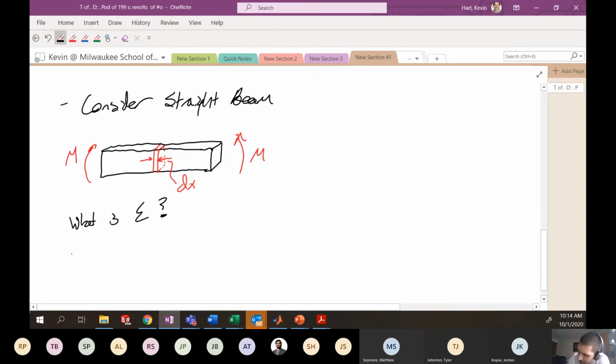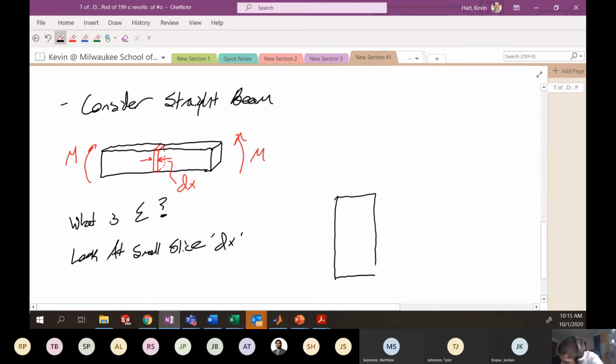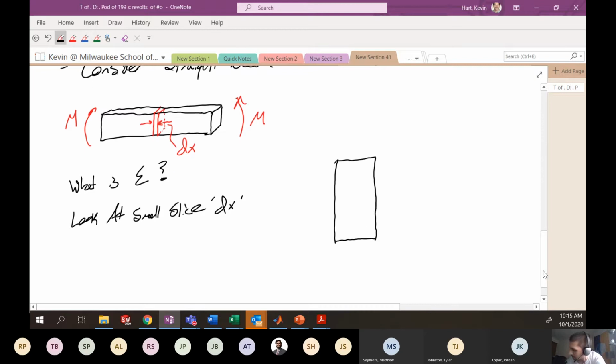So let's blow that up over here. Here's our element, and we'll say first in this undeformed condition, we have this piece that's of width dx.